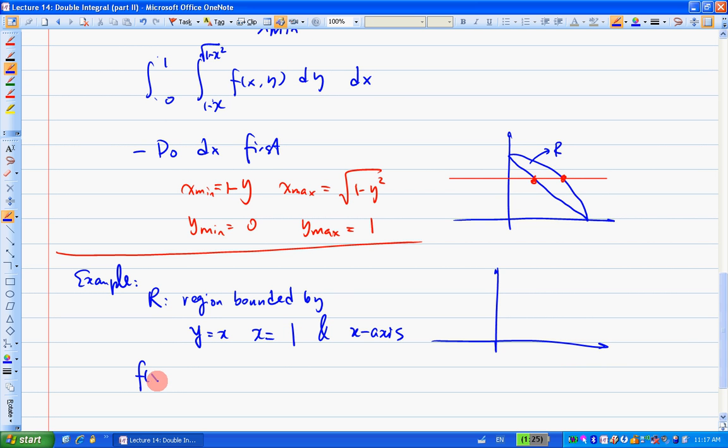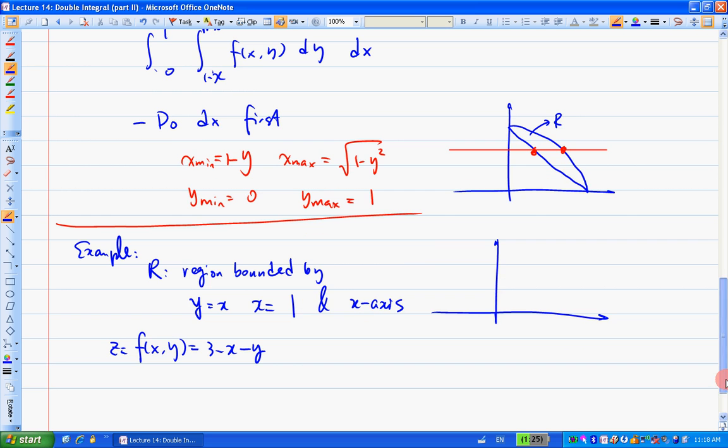Then I have a function f(x,y), which is this guy here. So that's basically a kind of plane in here, right? A plane. And let's try to find the volume below this function f and above this region R.